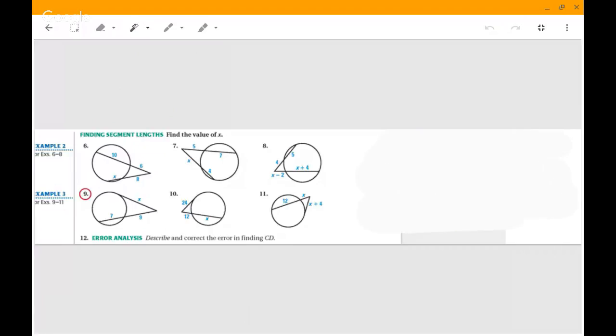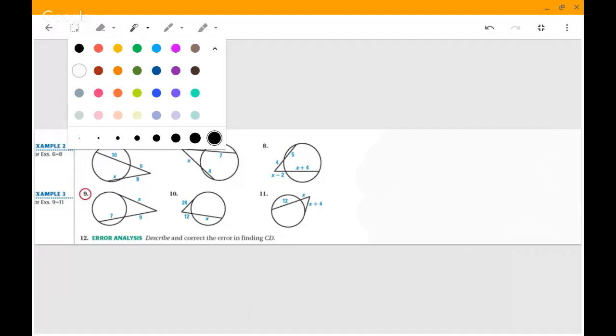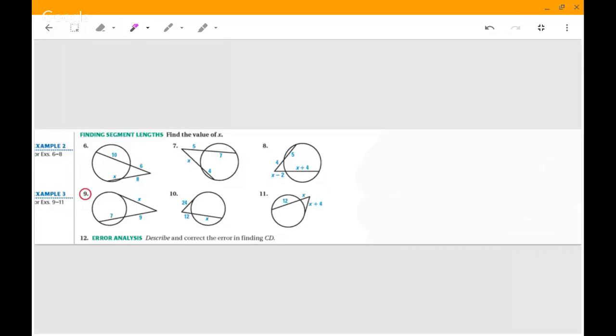So you have 2 parts of each piece. If it's a tangent, there'll just be 1 part on one of the pieces. So when you have 2 secants, it's the whole times the outside equals the whole times the outside.